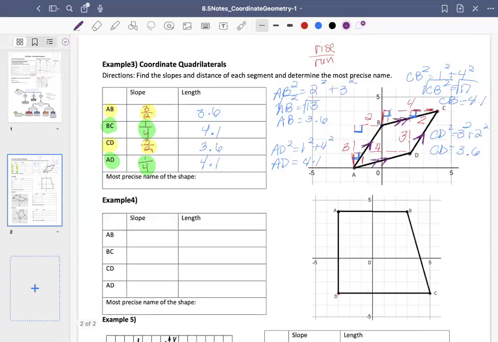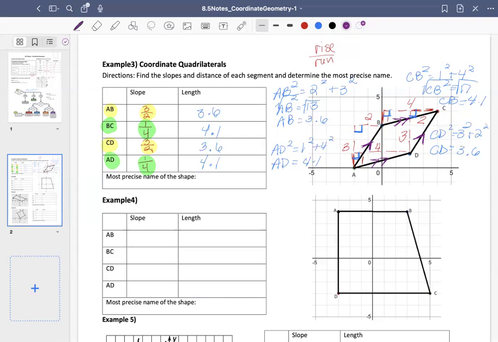So to do this, we're actually going to look back at the different angles being formed by the intersection of those segments. And we're going to be looking at those segments' slopes, because if their slopes are perpendicular to one another, that means that we are going to be forming a right angle where they intersect. So let's pick on segments AB and BC. We're going to look at their slopes. One has a slope of 3 halves, one has a slope of 1/4.